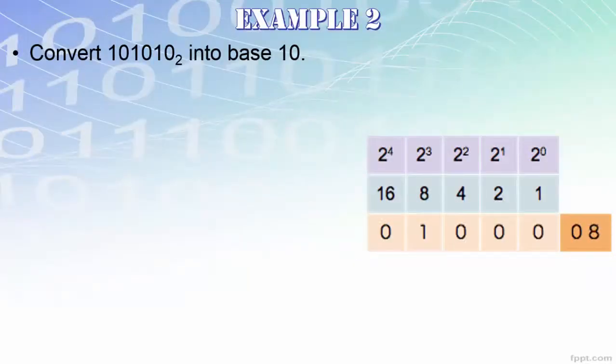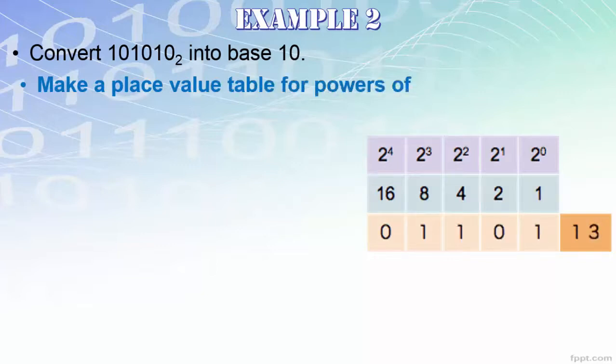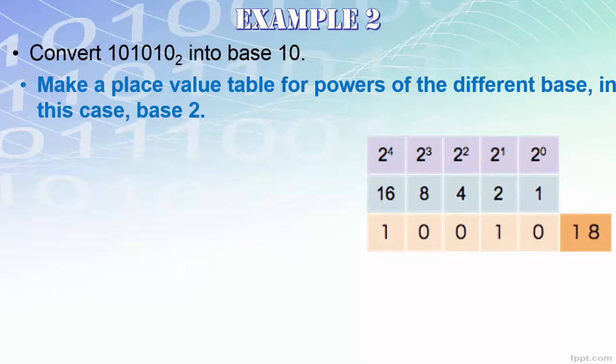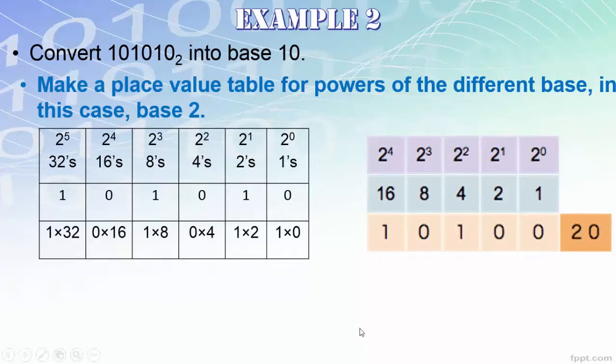Reviewing what we just did on the whiteboard, we make a place value table for powers of the different base, in this case base 2. So here we make our base 2 table, and then we fill in, seeing how many places there are. So we have the 0, 1, 0, 1, 0, 1.